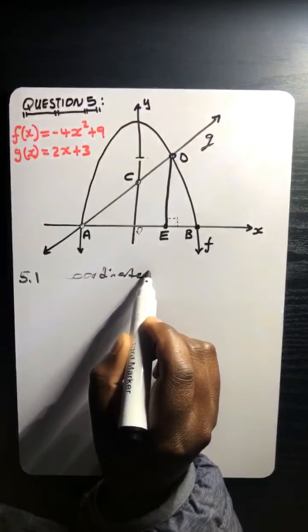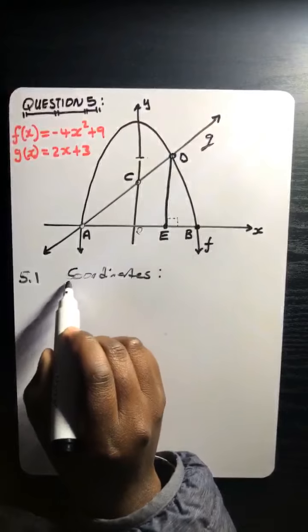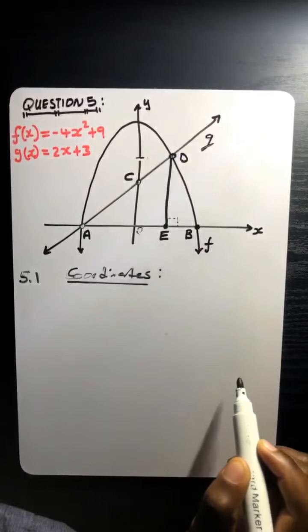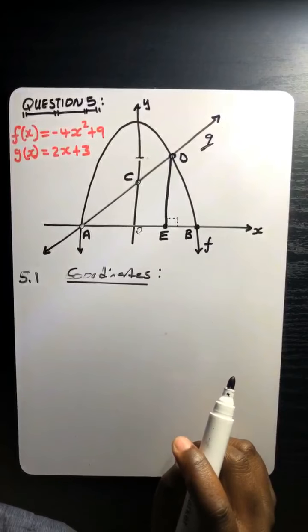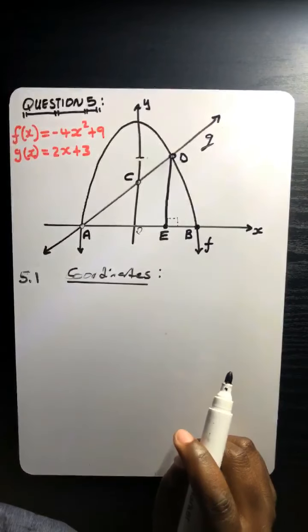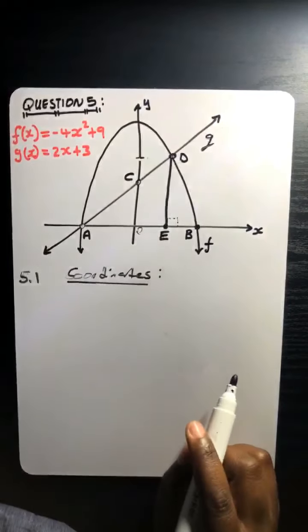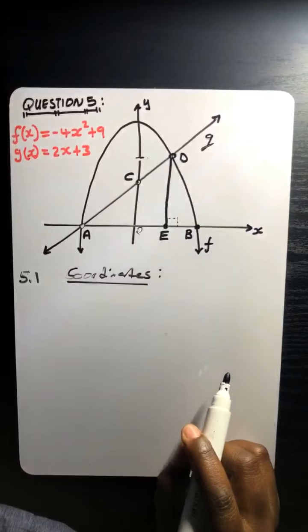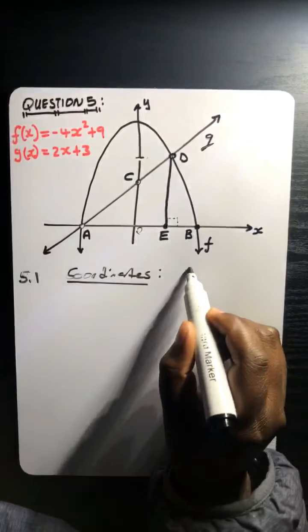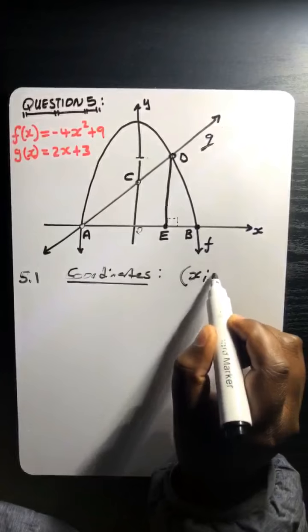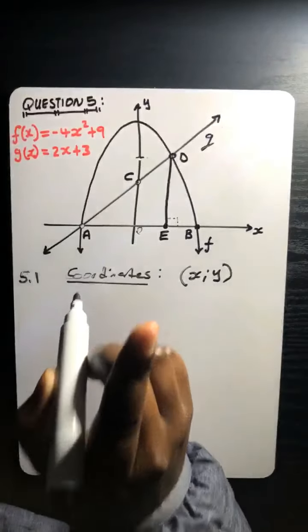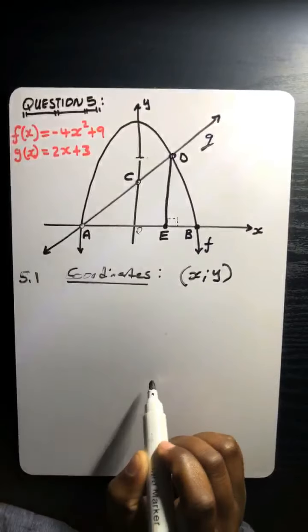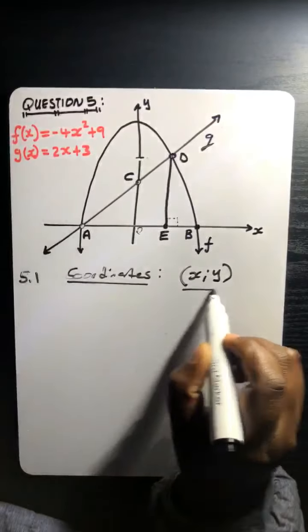So it is very much important that you note that word, because it guides you in terms of how the examiner wants you to respond to the question. What are the coordinates? A coordinate is something that has x and y. So whatever you give as your answer, write it in this format.